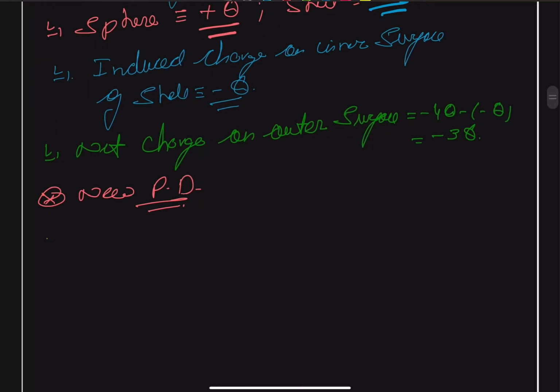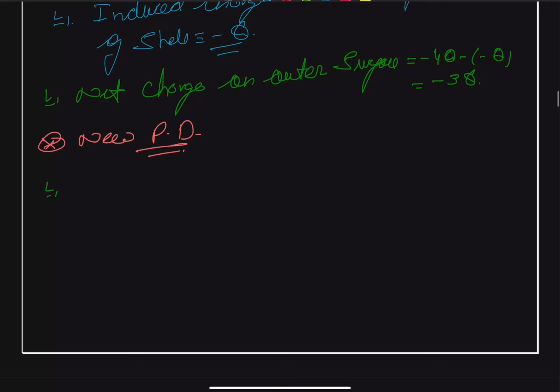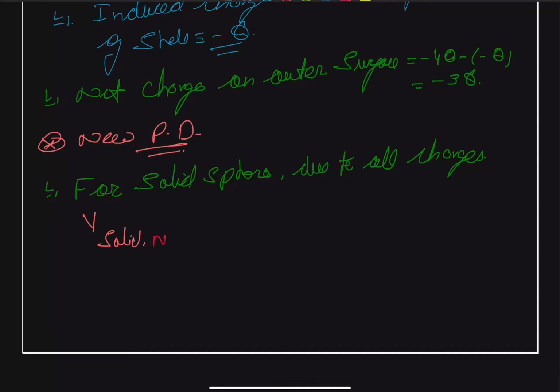So for solid sphere, and in this case also due to all charges, let us call this V solid nu, will be equal to kq upon r1 plus k minus q upon r2 plus k minus 3q upon r3.